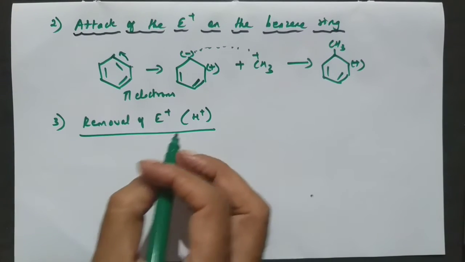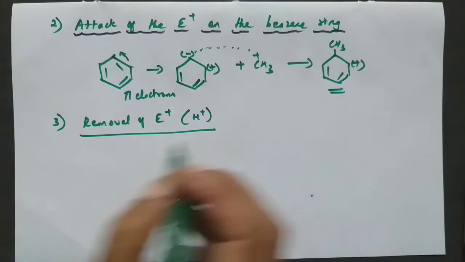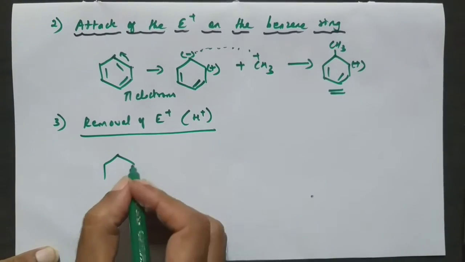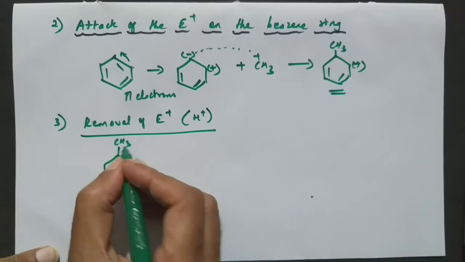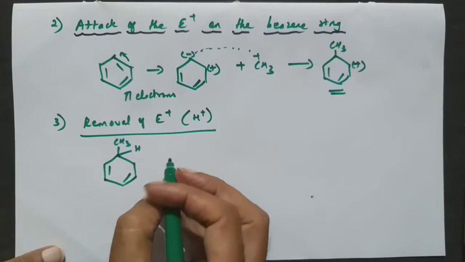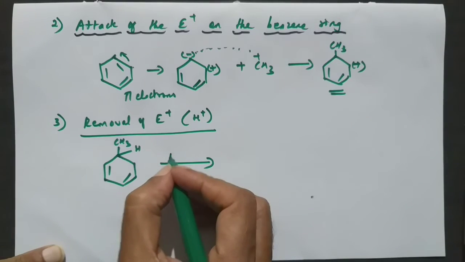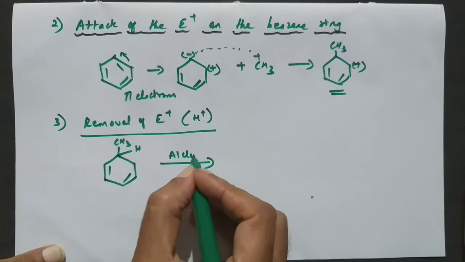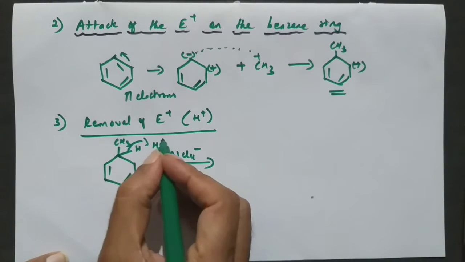The next step will be removal of H plus. Taking this structure, I can draw it like this, with a CH3, and one hydrogen will always be there because each point contains carbon and hydrogen. Now we have the AlCl4 minus, so this hydrogen will come out as H plus.